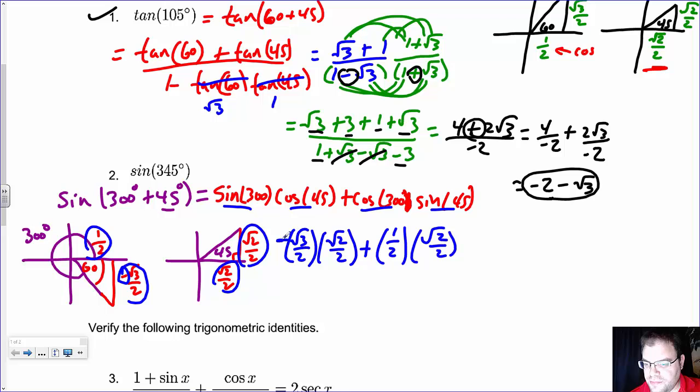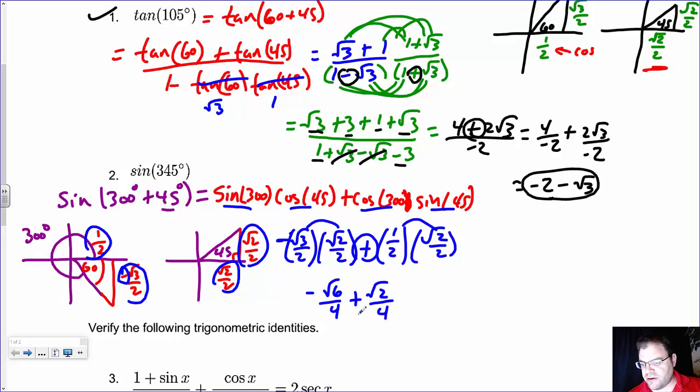So I have a negative root 3. Remember, that's a negative. Times root 2. Negative root 3 times root 2, that's negative root 6. 2 times 2 on the bottom is 4. I got 1 times root 2 over here, so that's root 2. And then 2 times 2 is 4. And don't forget there's a plus sign in between them.